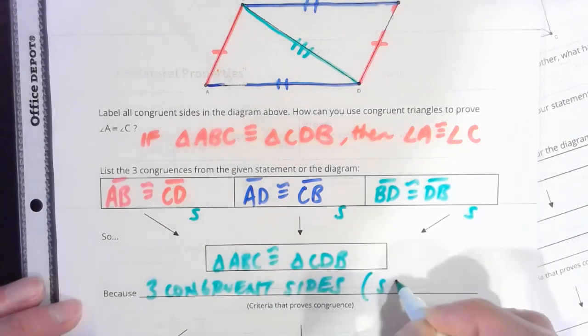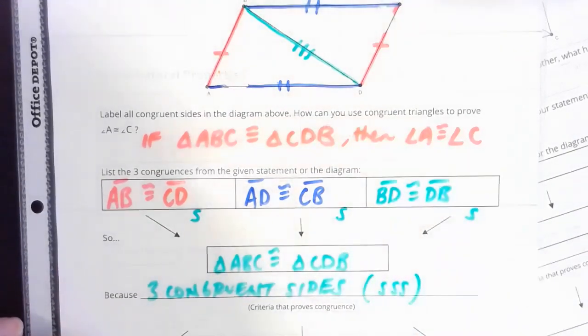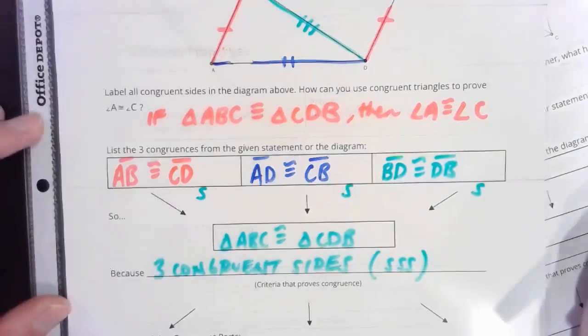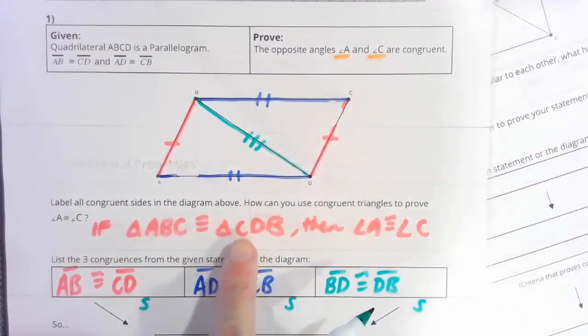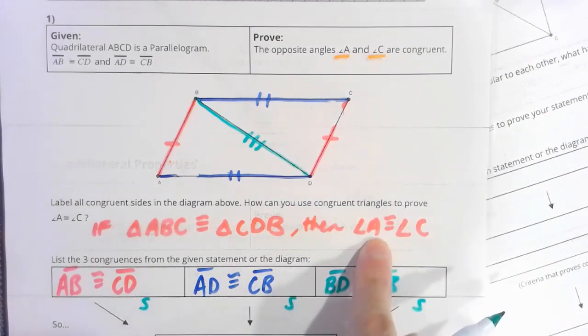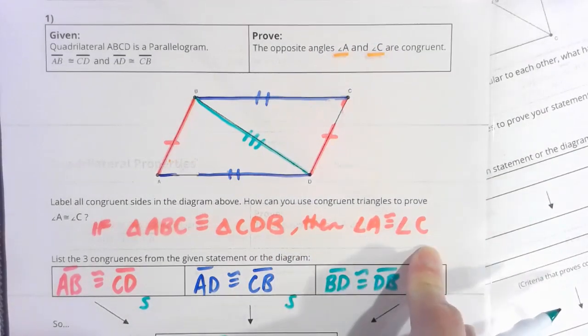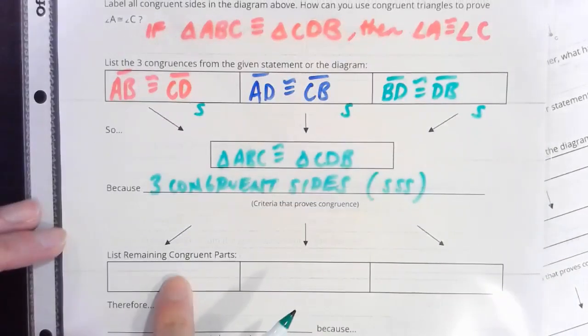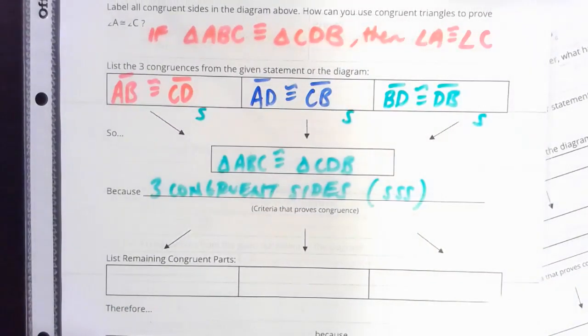Right? Or side, side, side, SSS for short. Now, we ultimately want to prove that angle A is congruent to angle C. Well, we've already proven that the two triangles are congruent, so now we can conclude that all of the remaining parts are congruent.